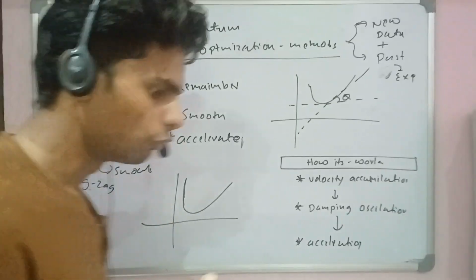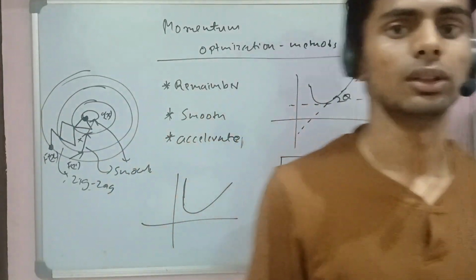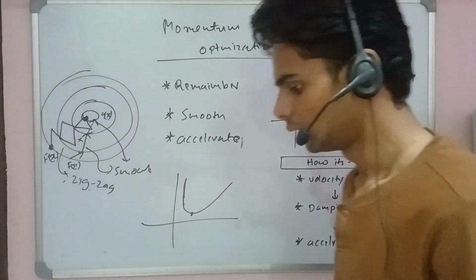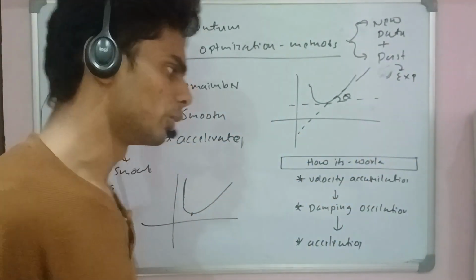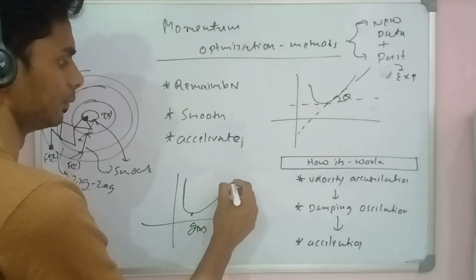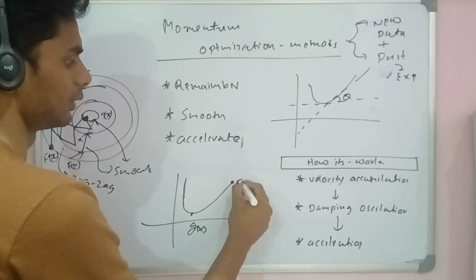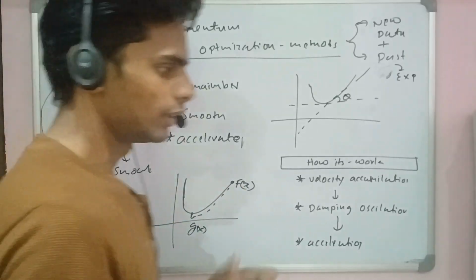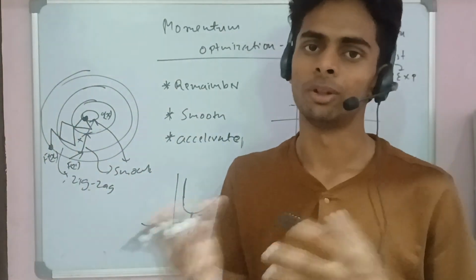So when you just train a model, you need to move toward the optimal point. Let's suppose this is the optimal point, g(x), and you are here at p(x), and you try to move according to g(x). This is really the optimal point.